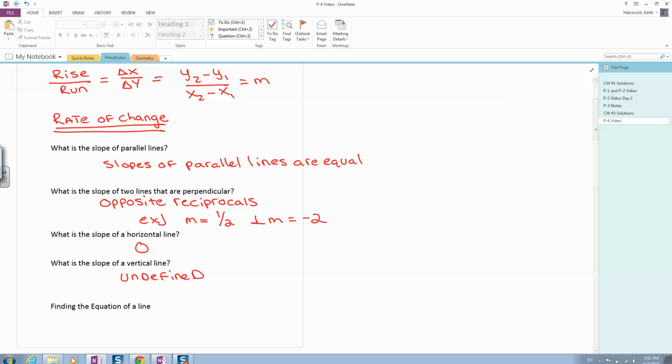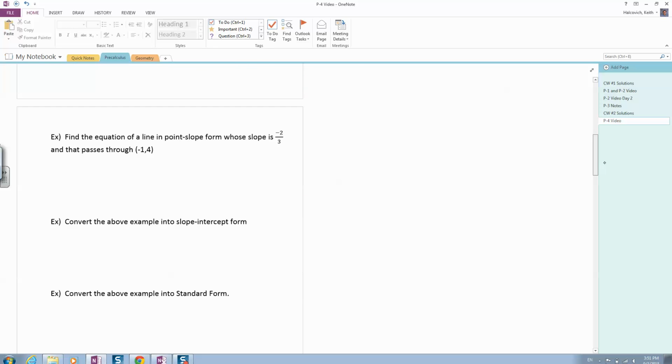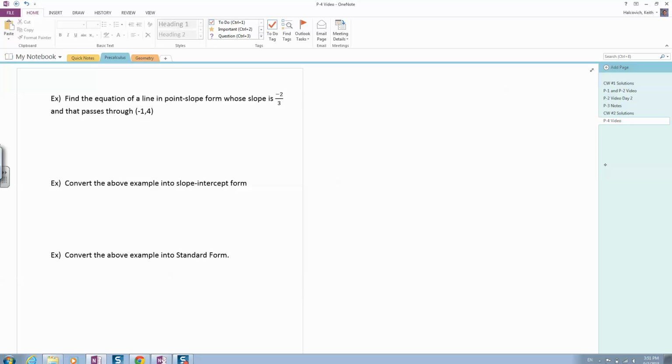So now finding the equation of a line. If we want to find the equation of a line in point slope form whose slope is -2/3 and that passes through the point (-1, 4).